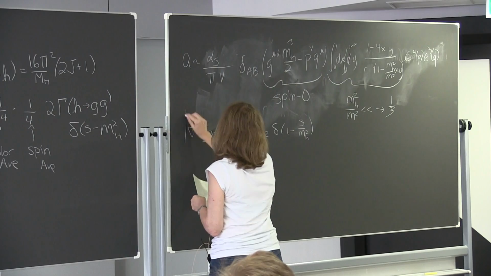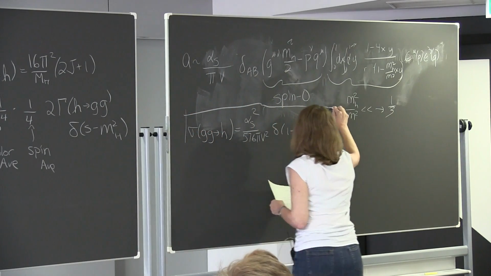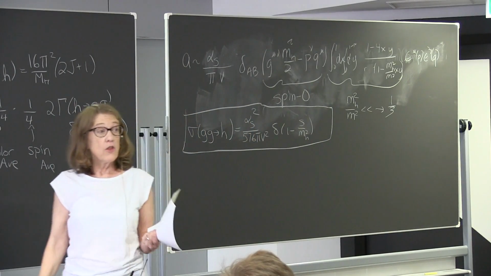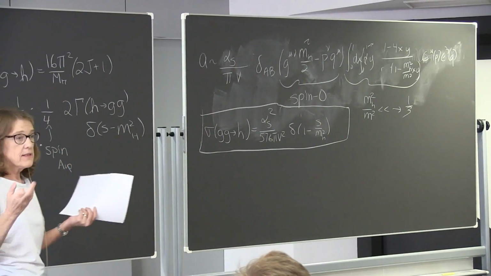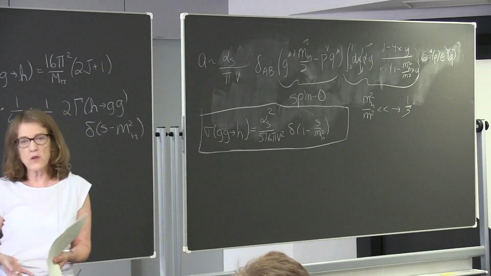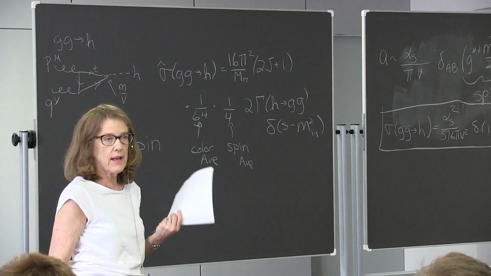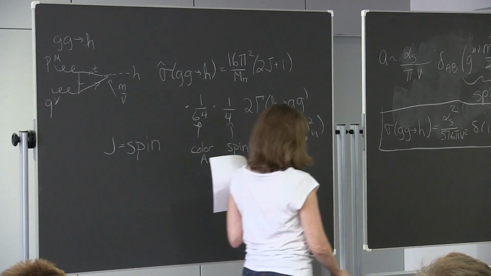There you go. That's the large mass limit. And exactly the way Maxime told you to integrate the q qbar goes to Z with the PDFs, it's exactly the same thing here, except you're integrating with the gluon PDFs.